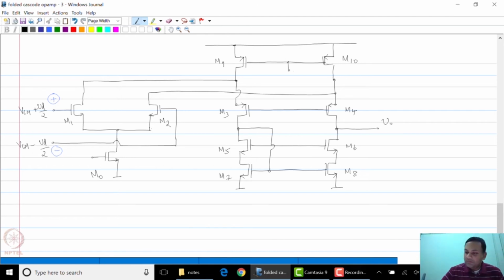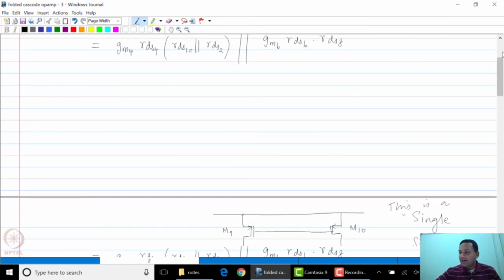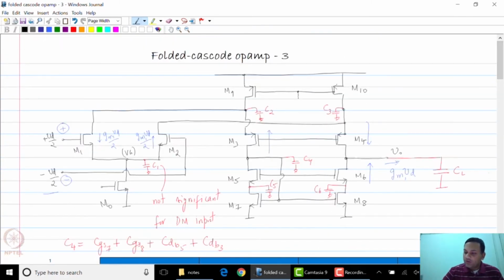I should apologize, I should add the bias voltages at these nodes because they are not left hanging. You have to have a bias voltage. I'll call them VB9, VB5 and VB0. So there are 4 voltages that need to be applied to the folded cascode op-amp: VB0 for M0, VB9 for M9, VB3 for M3 and VB5 for M5.